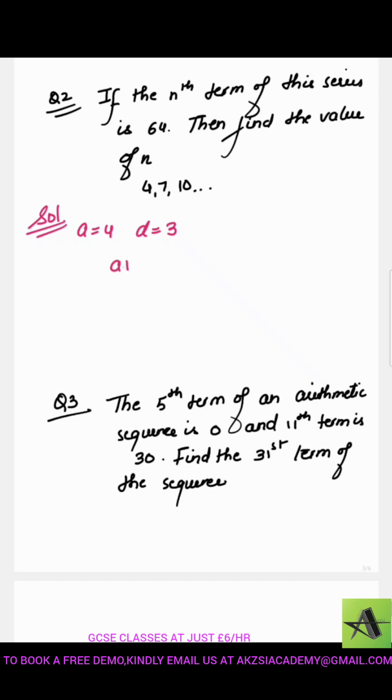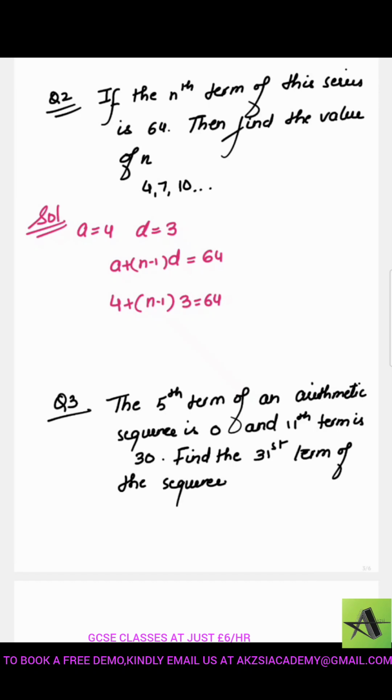That means a plus n minus 1 times d is 64. We just came across the formula, which is a plus n minus 1 times d, and that is 64. Let me substitute the values of a and d here. So this will be 4 plus n minus 1 times 3, which is 64. Now subtracting is just the basics of linear equations that I'm doing here.